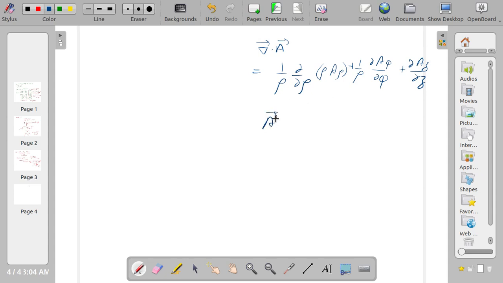Here A can be expressed in terms of cylindrical coordinates, and rho is the radius.